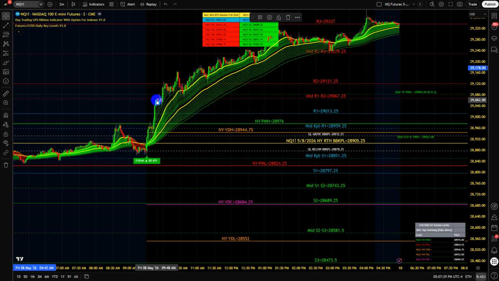Okay, so here on the 948 candle, we have a hit here of the mid R1, R2 at 29,067.25. That is a profit of $2,810 per regular E-mini contract or per 10 micros.